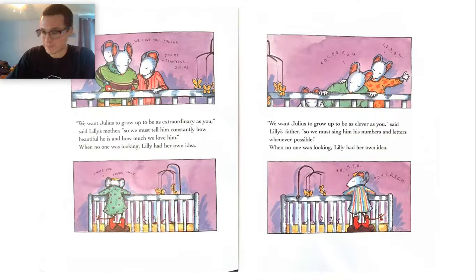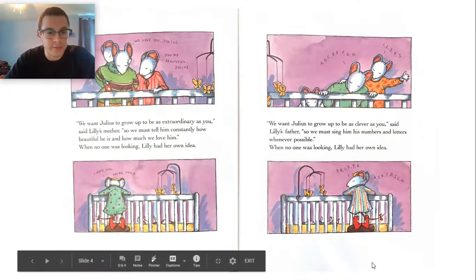Go ahead. I'll turn back the pages if you need a reminder.